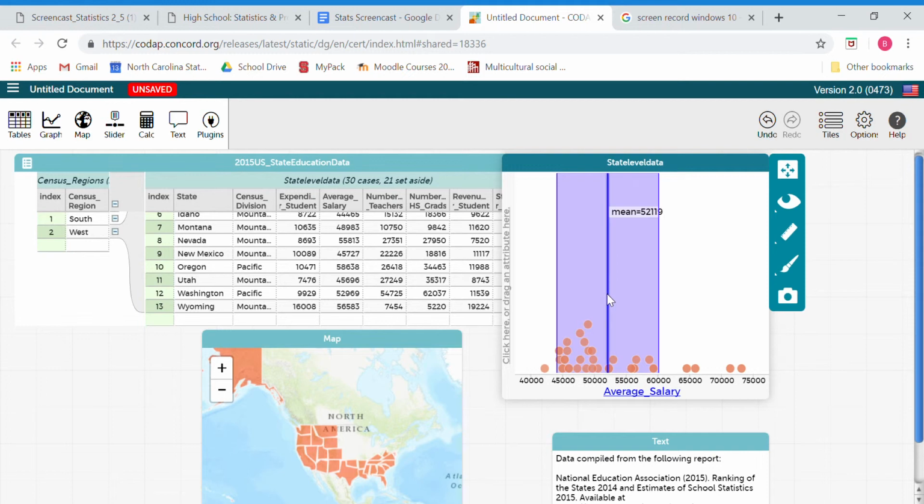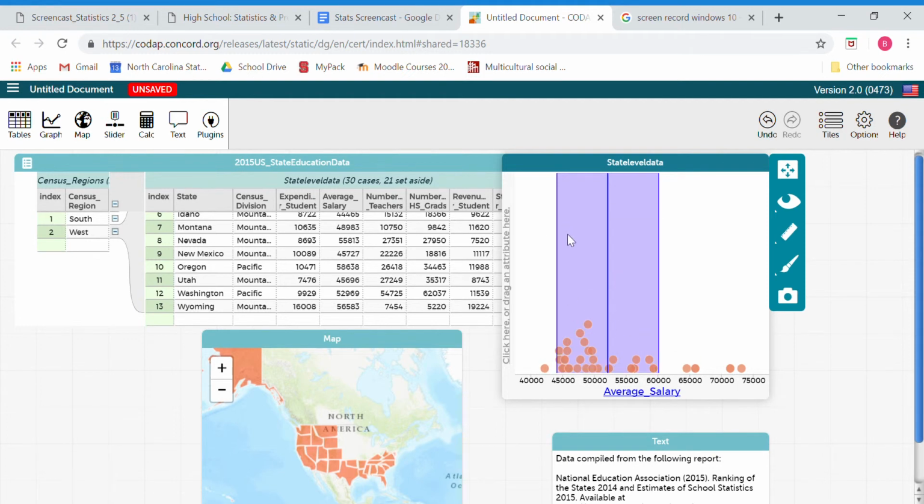It's around 52,000 for these two regions. And you'll notice that most of the data is within one standard deviation of 8,000. So most of the data is within 8,000 of 52,000. And there are definitely some outliers over here and then one over here, but most of the data is just right here.